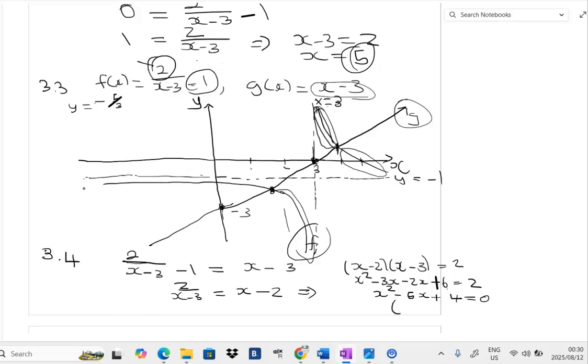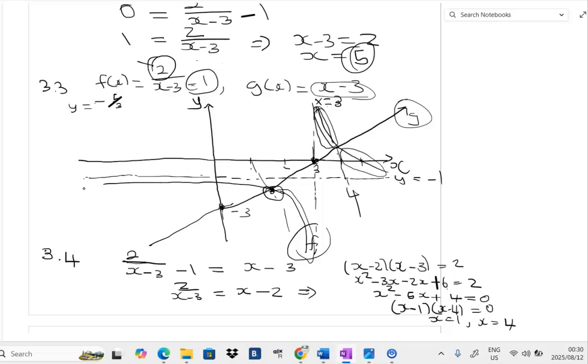So x squared minus 5x plus 4 is equal to 0. So this is the point of intersection. It intersects at this point number 1, and this is the second point of intersection. It intersects at 4.